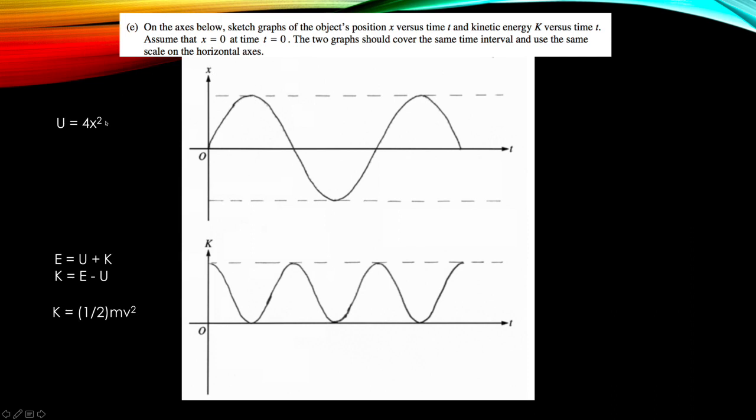Because then, looking back at this, when x is at its maximum, U is at its maximum as well, which means most of the energy is made up by potential energy, and very little by kinetic energy. So at these points, it's a minimum. When all the energy is potential energy, kinetic energy is going to be 0. So right there, and here, kinetic energy will be 0.